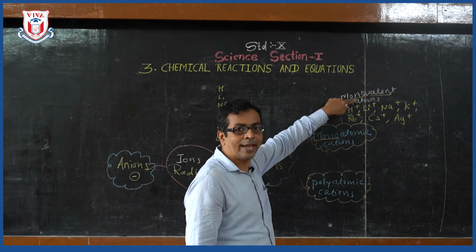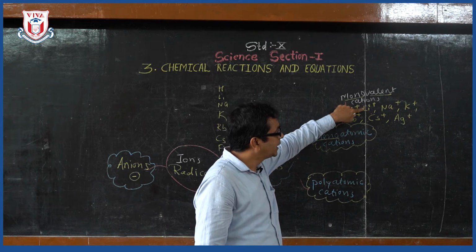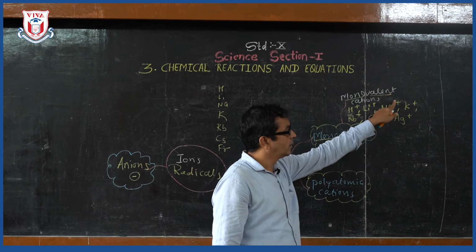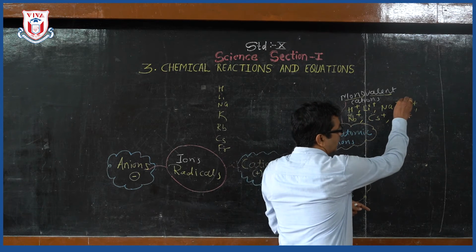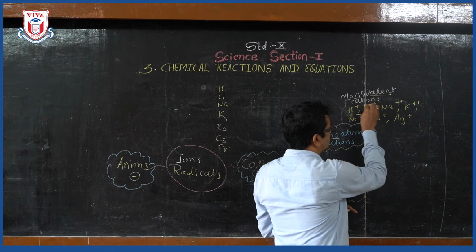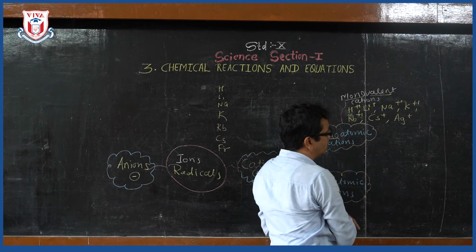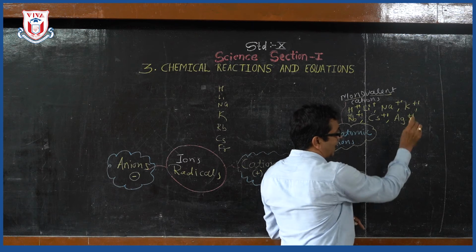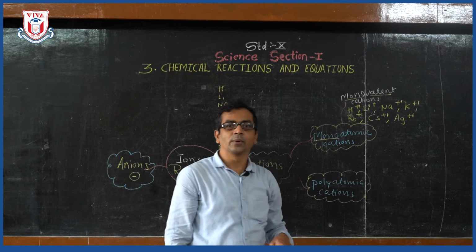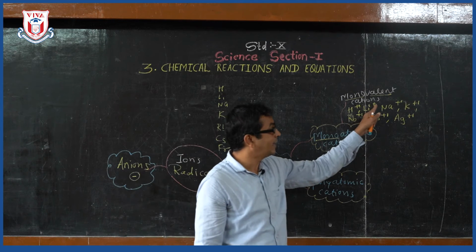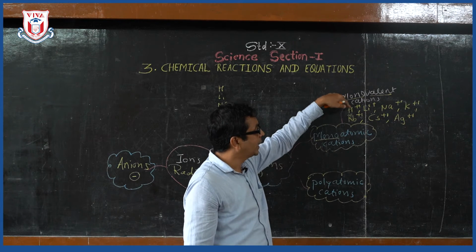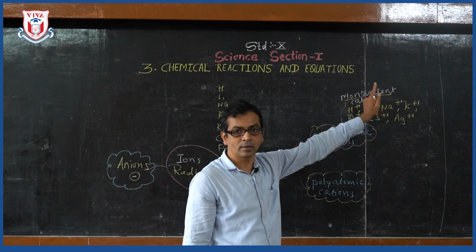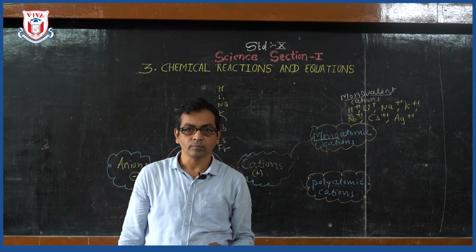Hydrogen H plus, lithium plus 1, sodium plus 1, potassium plus 1, rubidium plus 1, cesium plus 1 and silver plus 1. So since their valency is 1, we can call these cations monovalent. I hope it is clear to you.